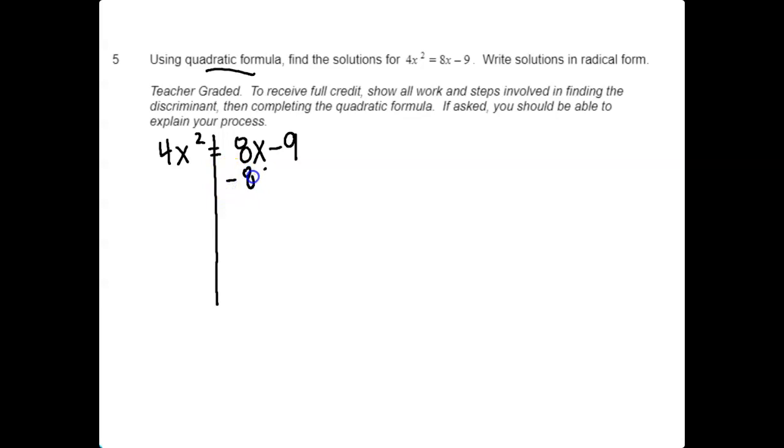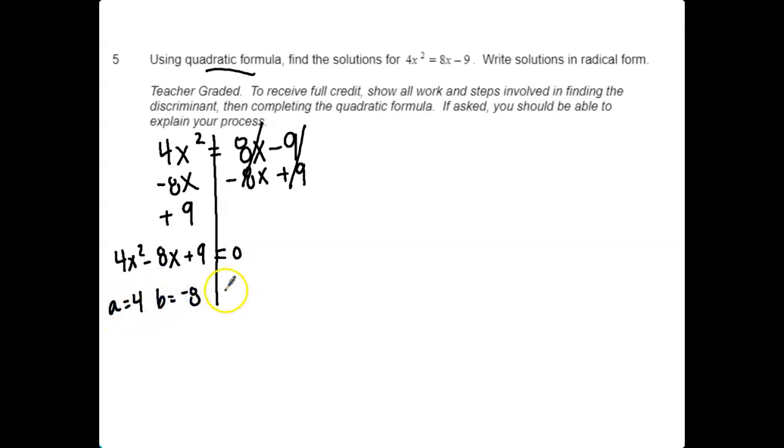So minus 8x and add 9. Now none of these can combine, so I'm just going to rewrite this as 4x squared minus 8x plus 9, and that's equal to 0. Our a is 4, our b is negative 8, and our c is 9.